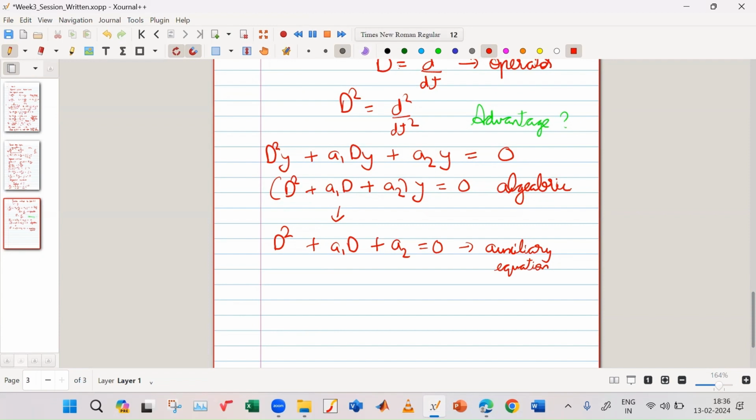What do you mean, factorize this? Suppose, let us just take some numbers. Numbers are easier. So we will write it as d square plus 9d plus 18 is equal to 0. Can you tell me the factors of this equation?